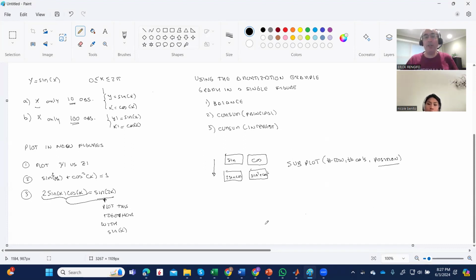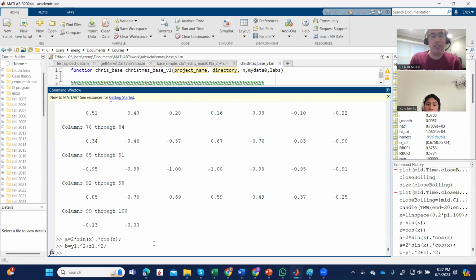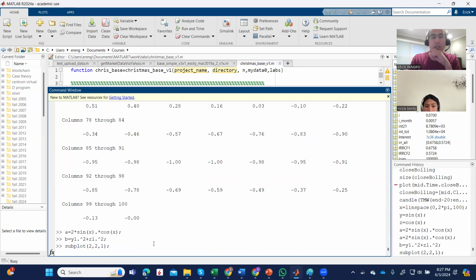So let's create this subplot. It's very simple. It's going to be subplot, I want a 2 by 2, and in the first position. So this is going to be the first position. Let's plot there x and y.